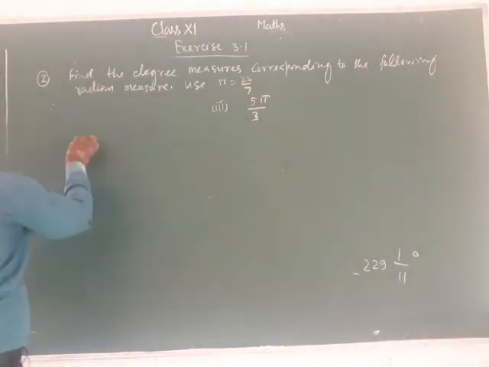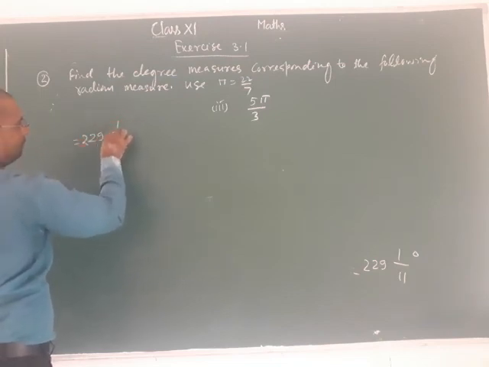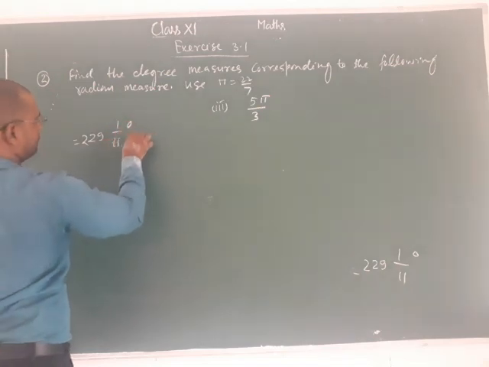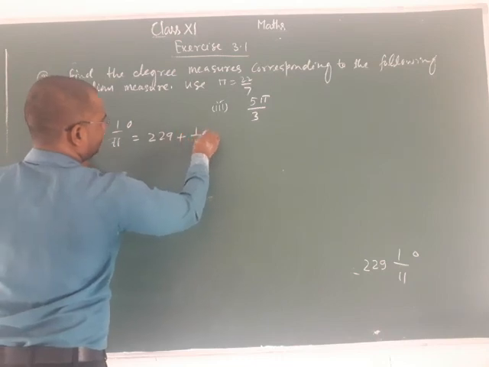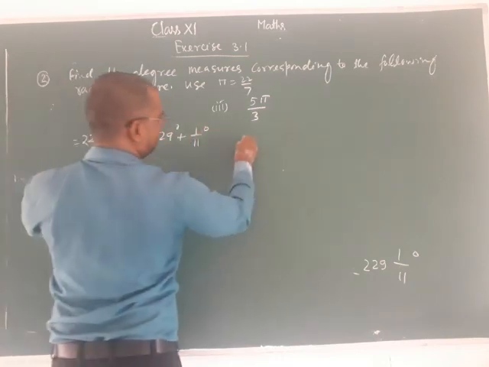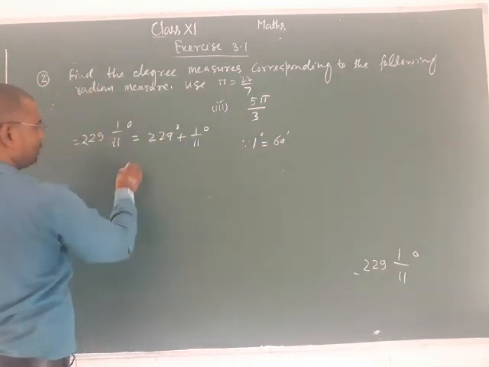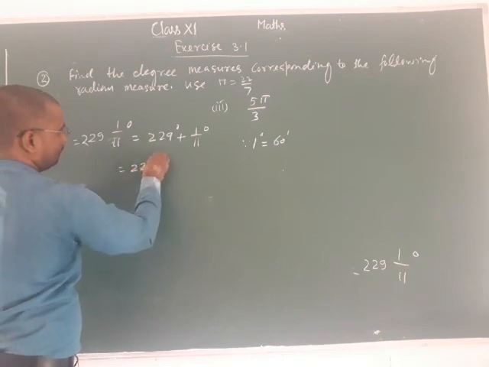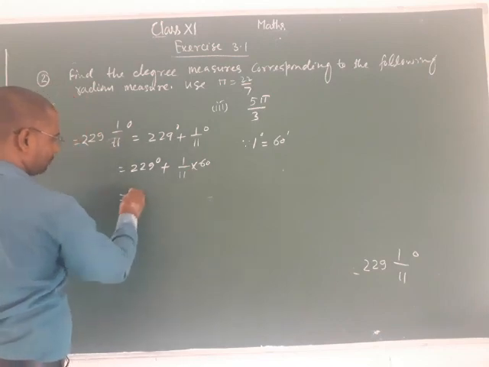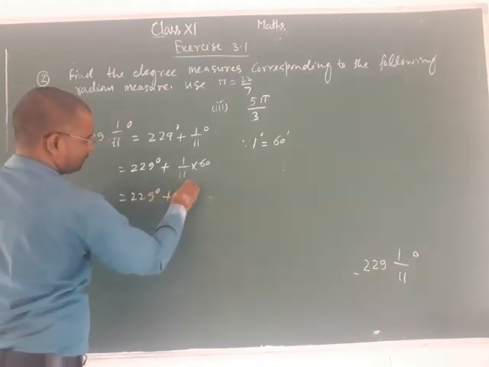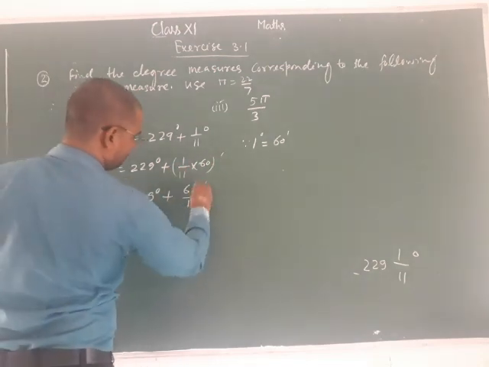So now 229 degree 1 upon 11 degree is equal to 229 plus 1 upon 11 degree. Since 1 degree is equal to 60 minutes, put here 229 degree plus 1 upon 11 multiplied by 60, so 229 degree plus 60 upon 11 minute.